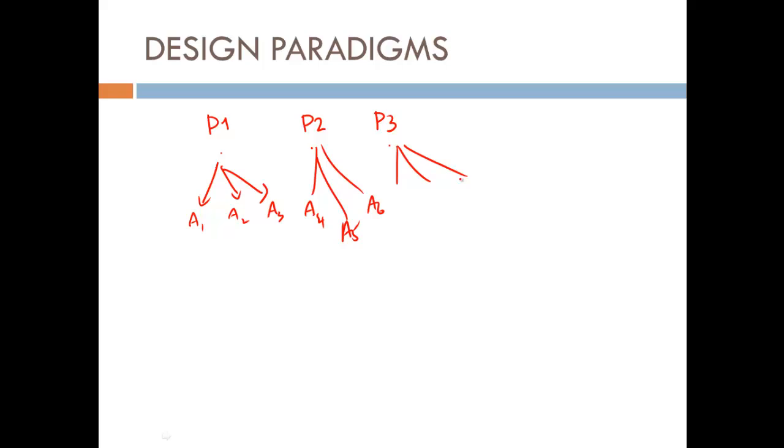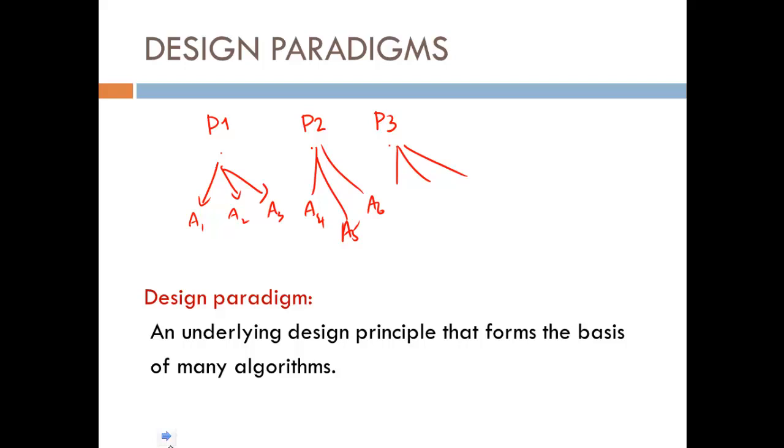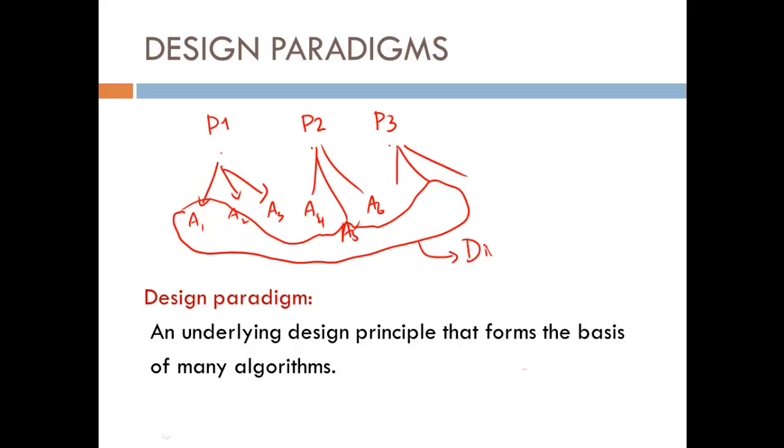Thankfully, it turns out that many of these algorithms have underlying design principles. So a design paradigm is an underlying design principle that forms the basis of many algorithms. A design principle really cuts across problems, as a set of algorithms have such a design principle as their basis of computational thinking. For example, divide and conquer is one such design paradigm.